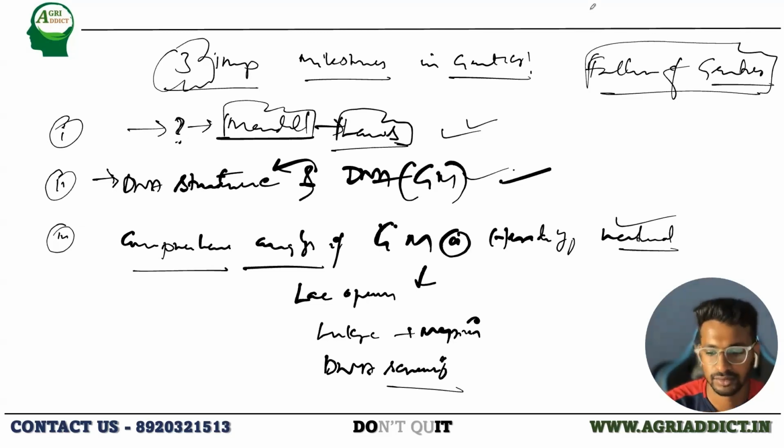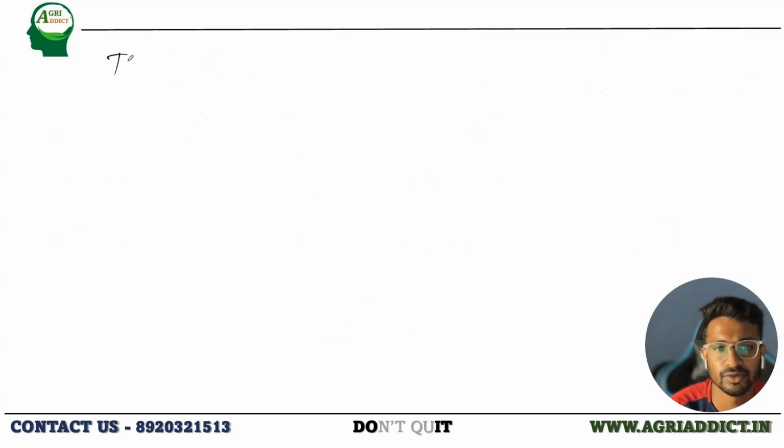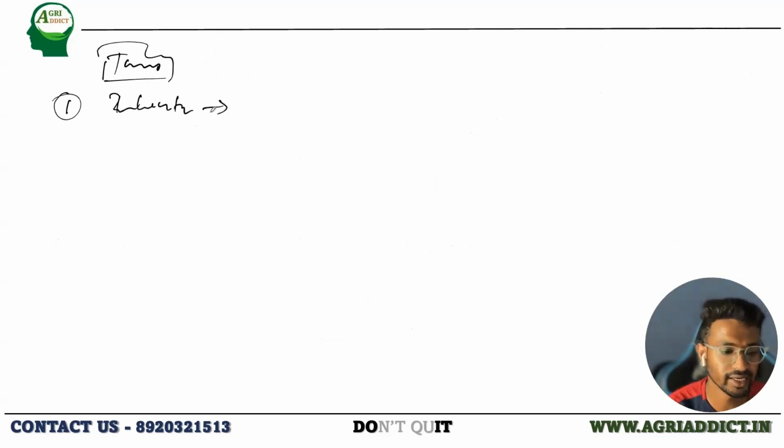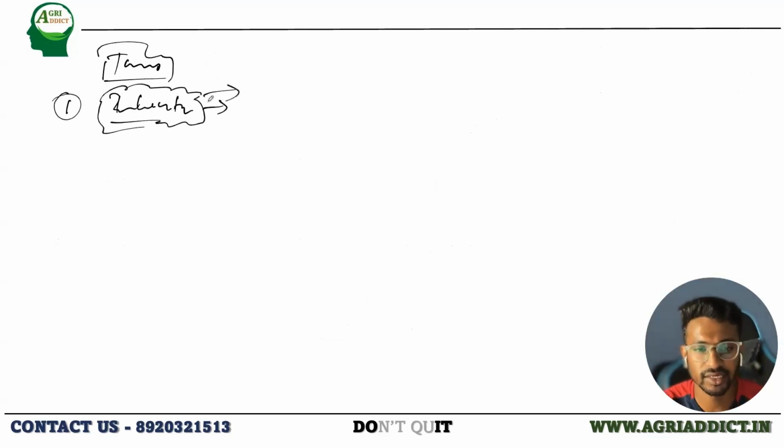Okay. So next we'll discuss some important terms. We'll start with inheritance. How do you define inheritance? Inheritance is the transmission of genes, which govern the various characters, from generation to generation. These genes are responsible for the various traits in organisms.